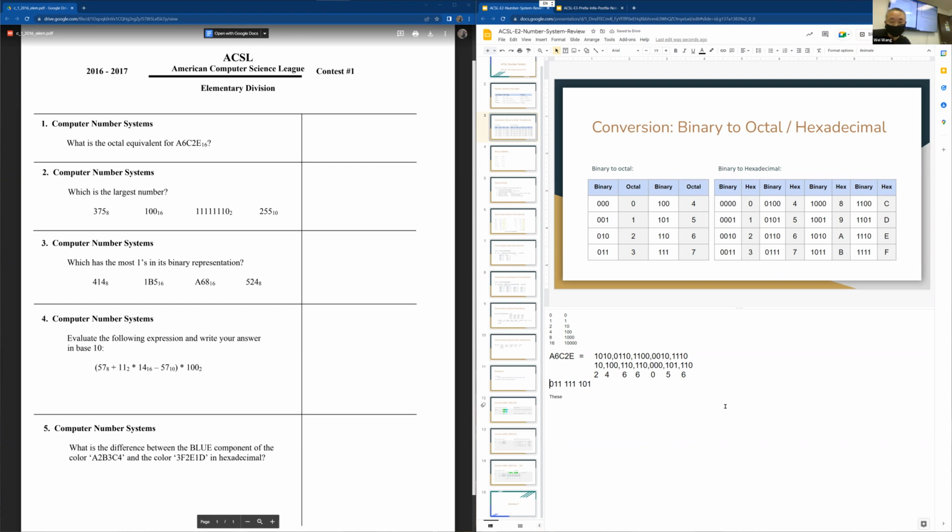That's 375, right? That's what it equals in binary. And now we can just remove the space in between, so it becomes a little easier to compare.